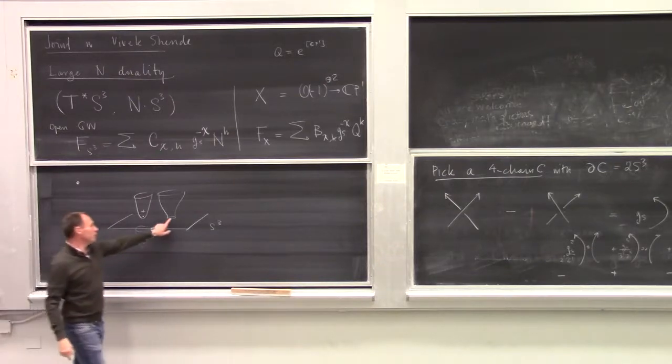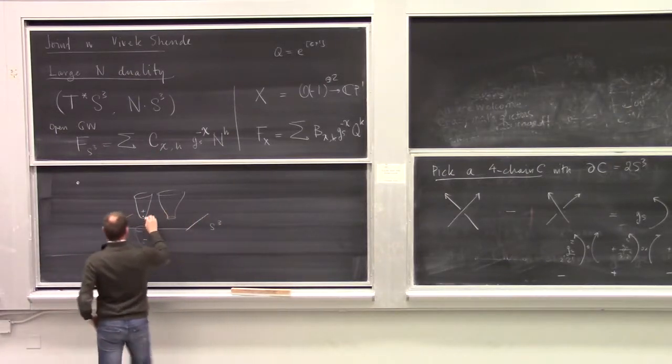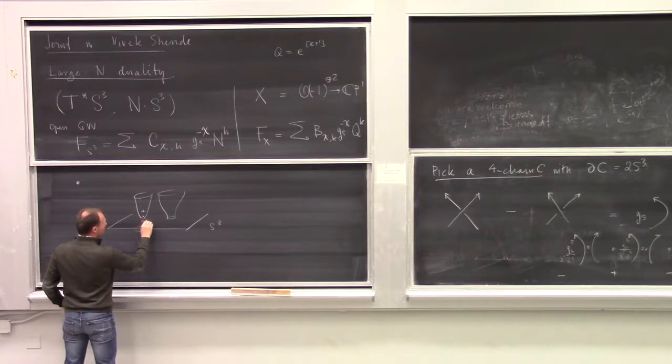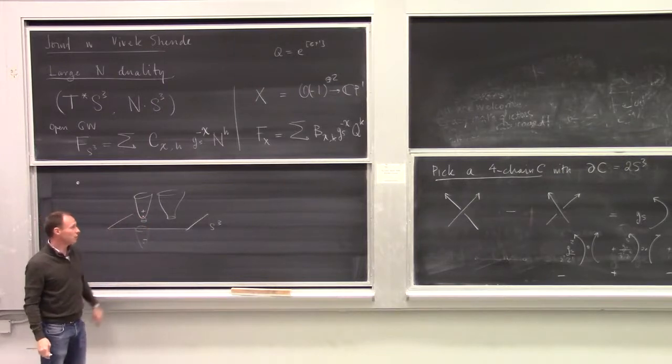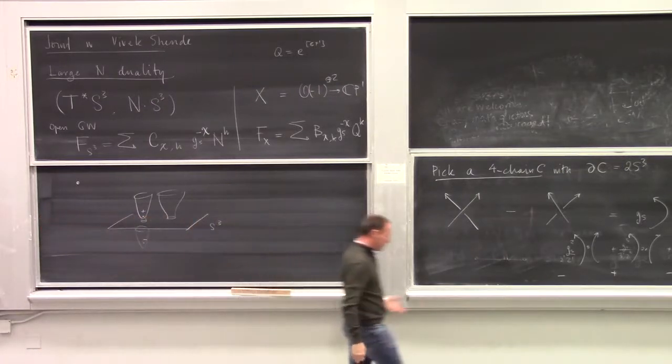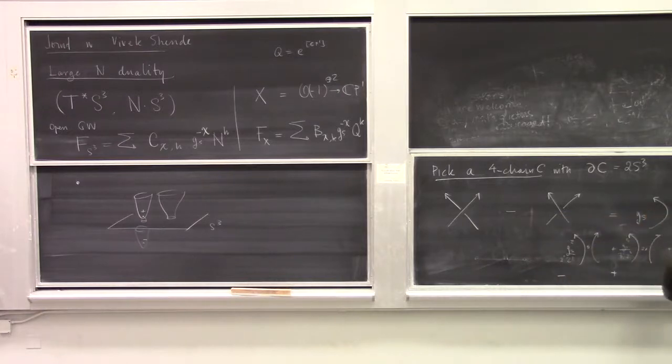Again, I can view this gluing as the following type of gluing, that I'm actually attaching a little constant disk at this point. Rather than going down, opening up, I glue a constant disk at this point. And when I do so, I get exactly the same kind of gluing problem.